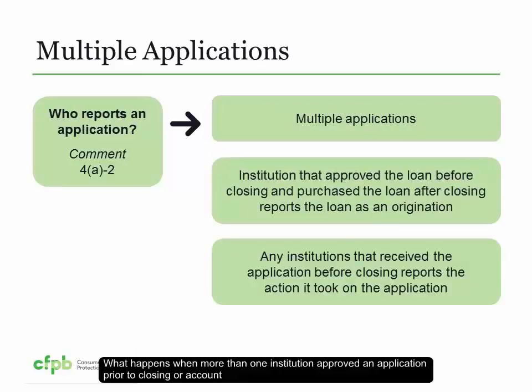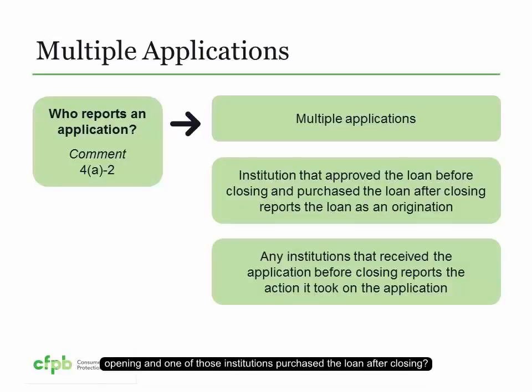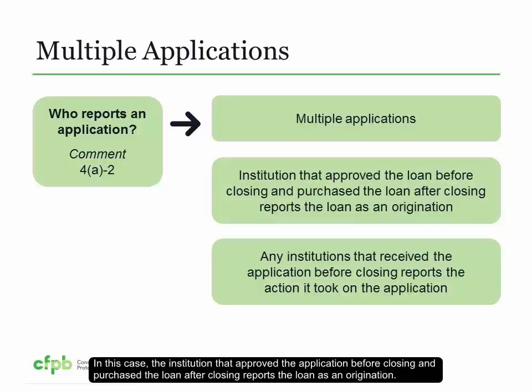What happens when more than one institution approved an application prior to closing or account opening, and one of those institutions purchased the loan after closing? In this case, the institution that approved the application before closing and purchased the loan after closing reports the loan as an origination.